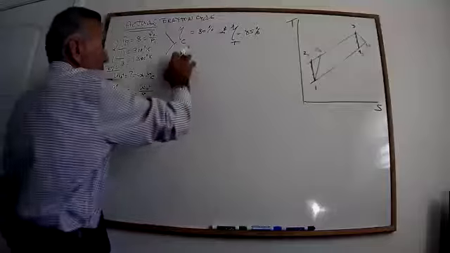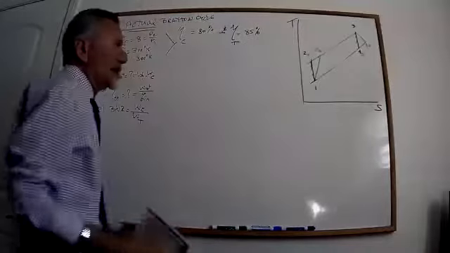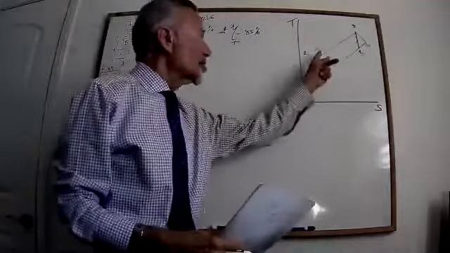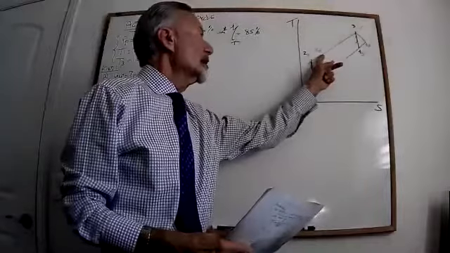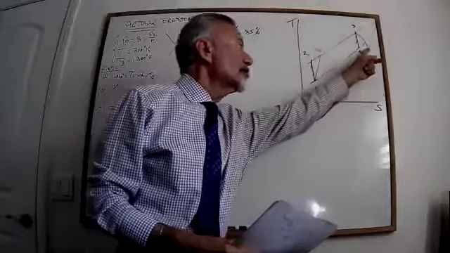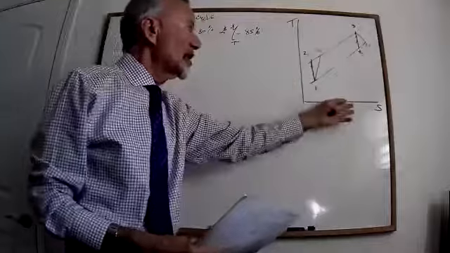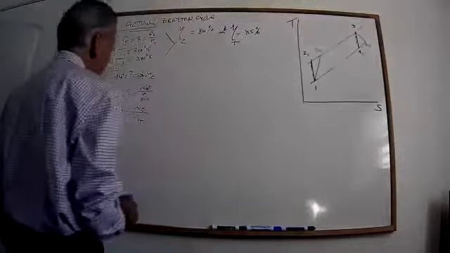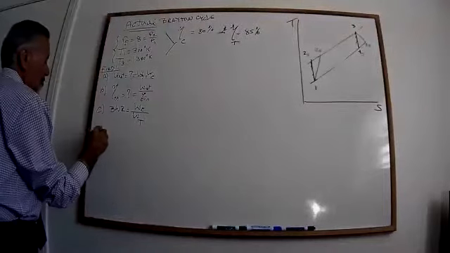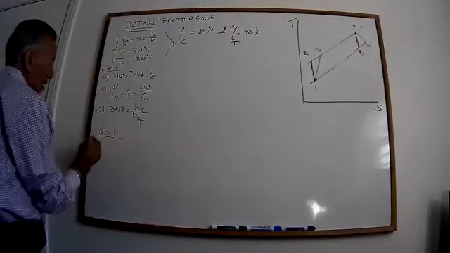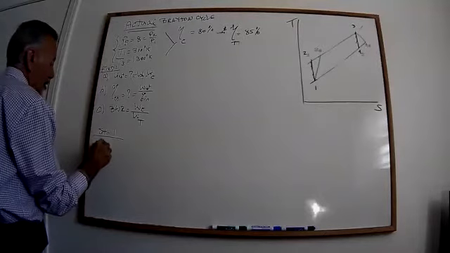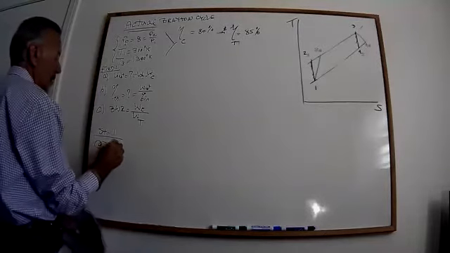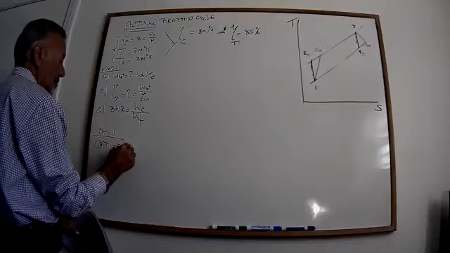So now we do have efficiency. The first thing we do, we make sure we draw a line to find point 2A and point 4A. So our TS diagram is completed. Now to solve the problem. At state 1, we have T1 equal to 300 degrees Kelvin.